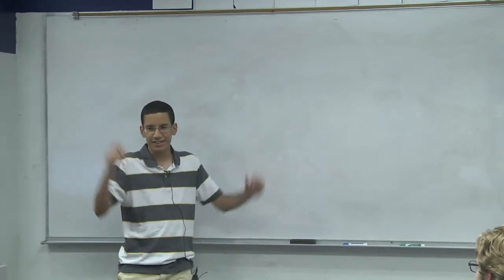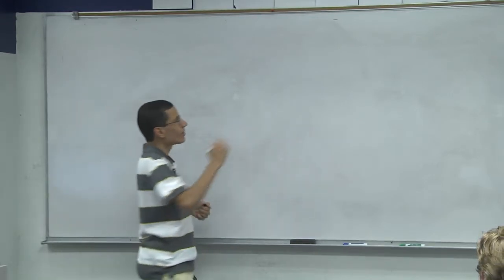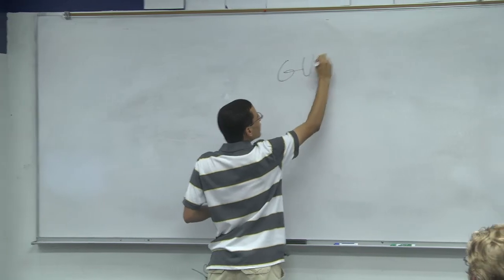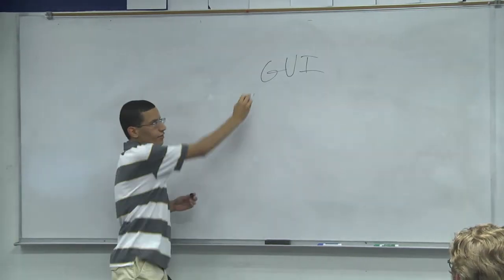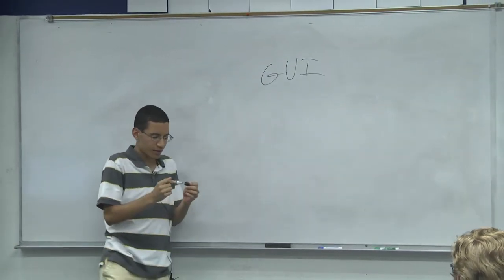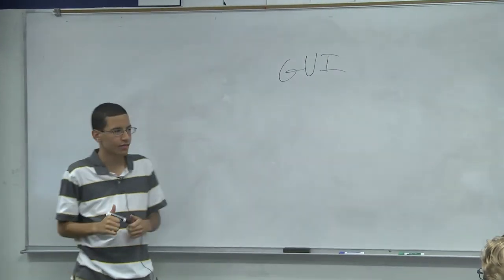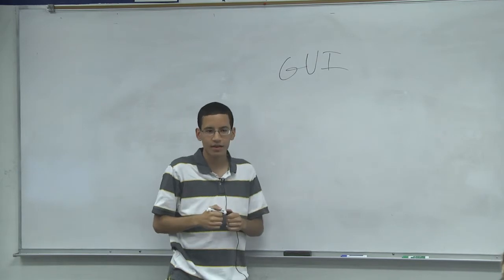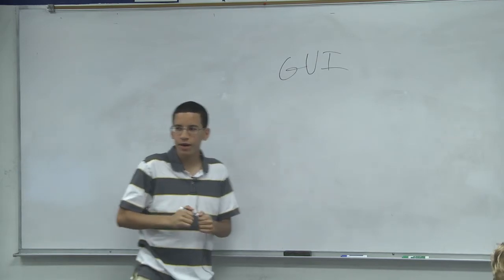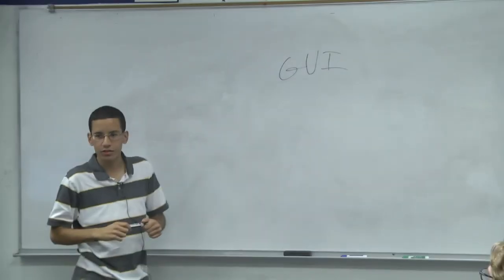GUI. GUIs, yeah. There's a term, GUI, which stands for Graphical User Interface. That's just a programming term to refer to anything that's graphics-based, or at least the windows that we're going to make. In Java, if you want to make a window, I'm going to draw some pictures and then I'll show you some code.